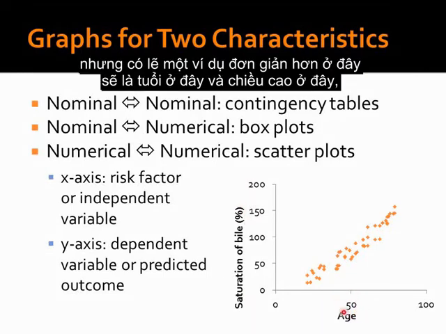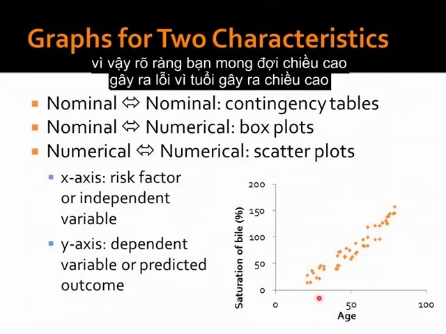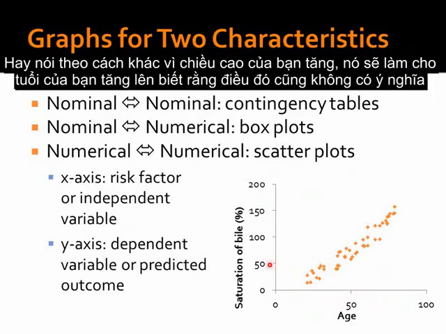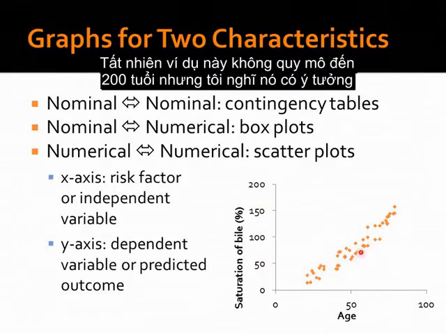Perhaps a simpler example would be age here and height here. You'd expect age to cause height. As you age, your height tends to increase. It doesn't make sense to put it the other way around, that as your height increases, it will cause your age to increase. Of course, this example doesn't scale all the way to 100 years old, but I think it gets the idea across.